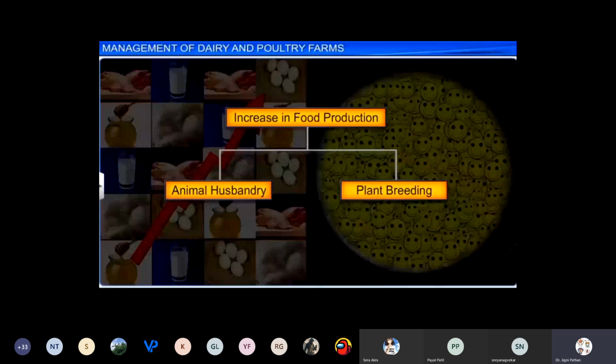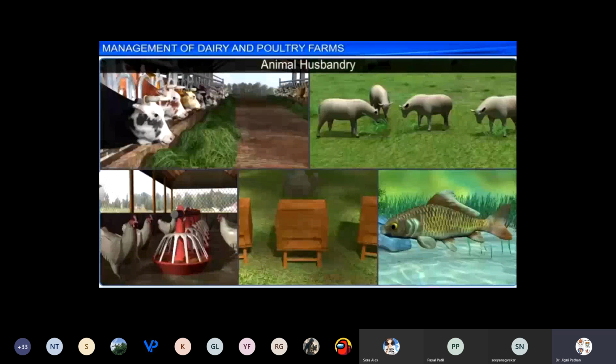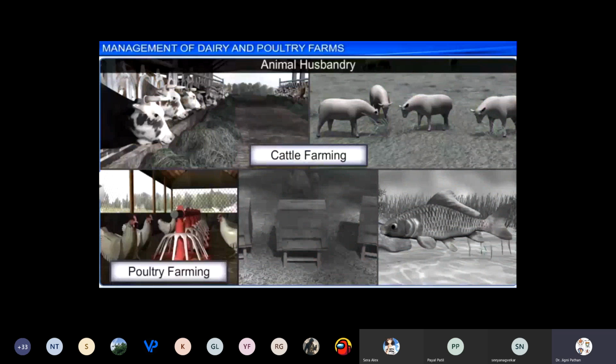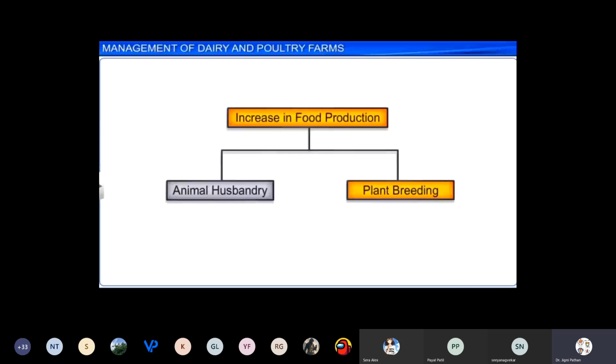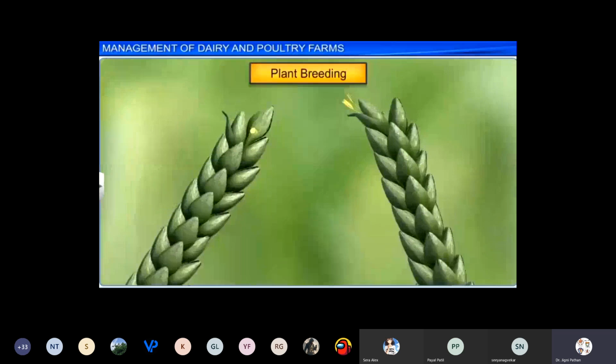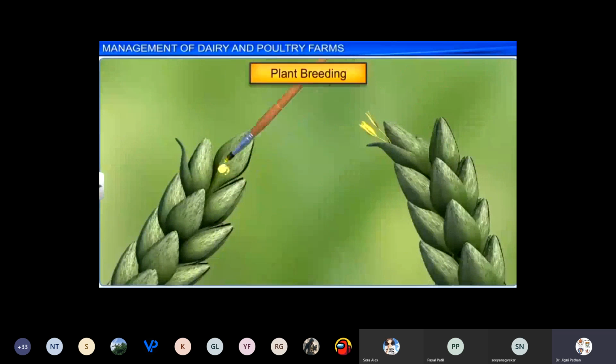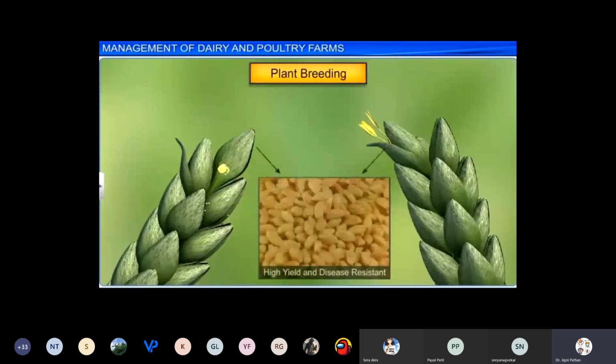Animal husbandry refers to the practice of breeding and rearing livestock that are useful to human beings, and includes cattle or dairy farming, poultry farming, beekeeping, and fisheries. Plant breeding refers to the manipulation of plant species to create desired plant types that are better suited to cultivation, giving better yields, and that are disease resistant.